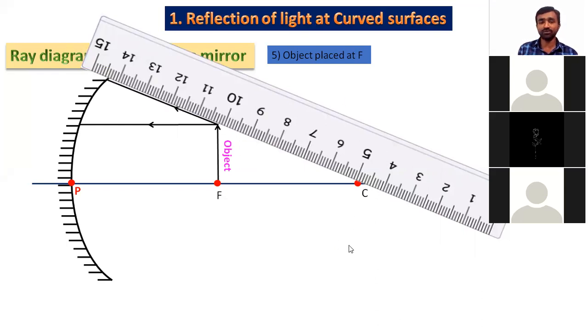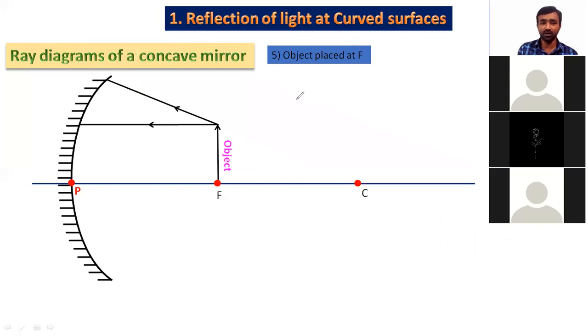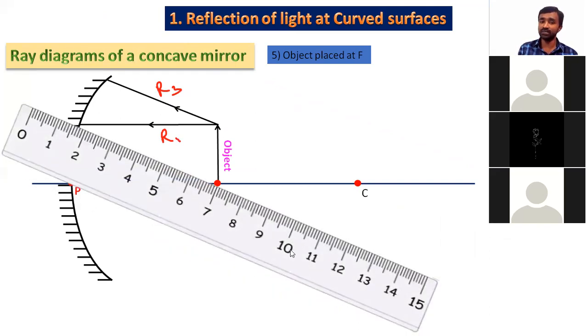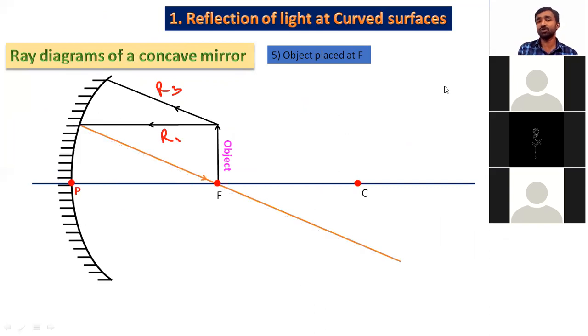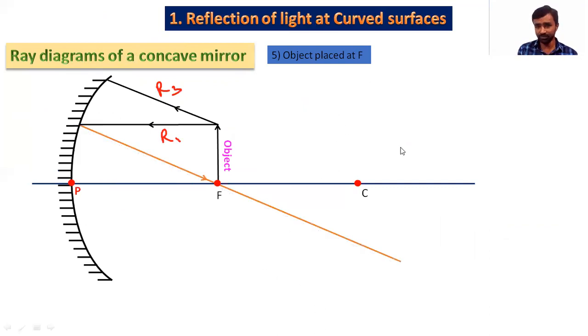Now I have two types of rays, which we learned as R1 and R3 rays. So what is the behavior of R1 here after reflection? It passes through the focus. So we can join the point of incidence and focus, then draw the reflected light ray. Then what to do? R3 we have to get. So what is R3 behavior?